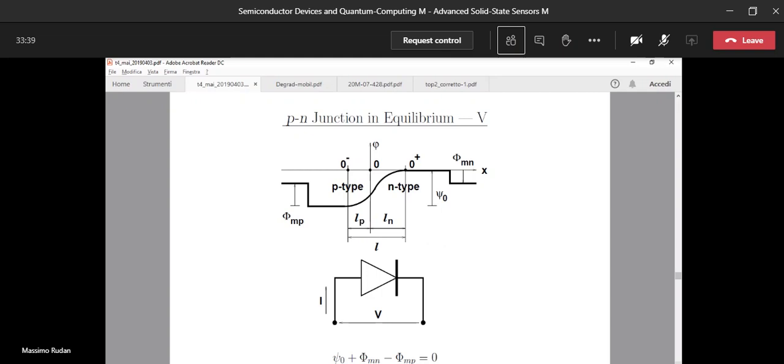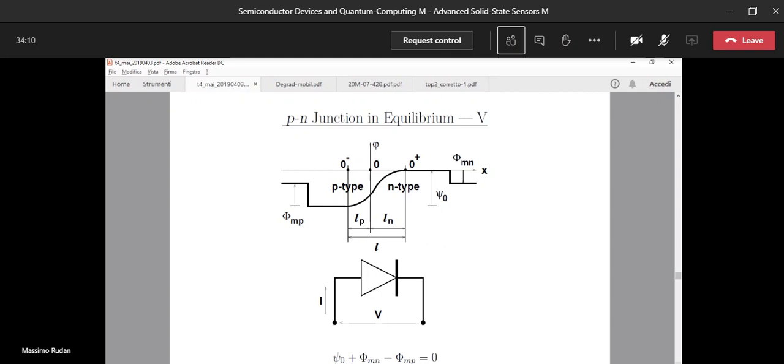Again, you have a change in the electric potential. There is one difference, though, that in the metal semiconductor junction, the change in the electric potential occurs in a very, very small region of space. Okay, so in many situations, we can replace the change in the electric potential with the discontinuity. Okay, and this is done in this figure.